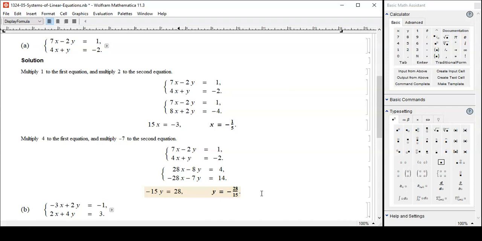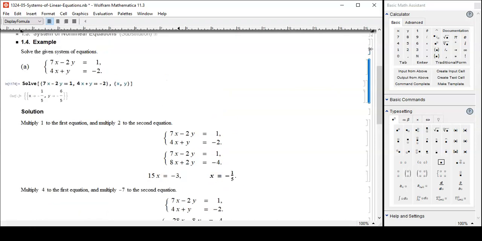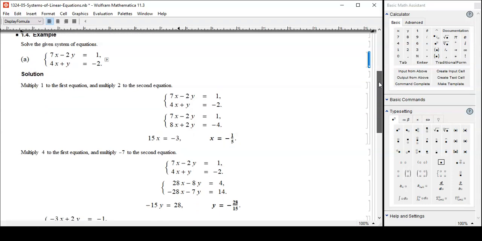All right, did I do this right? Is the answer supposed to be this complicated? Oh, x value is right, y value is not right, so I may have made a mistake here.